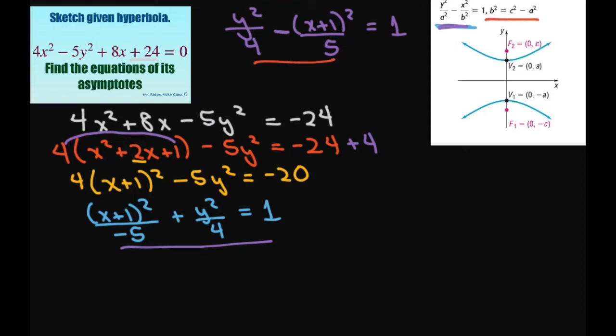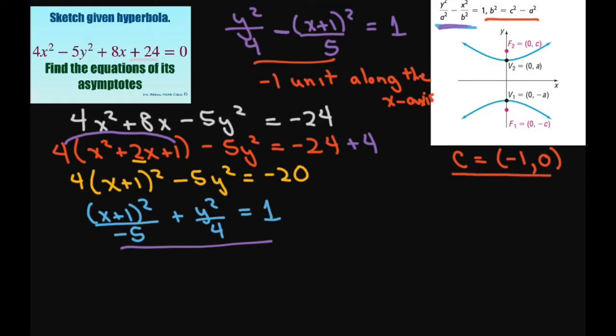All right, so basically this is just a translation. Compared to this graph here, this is a translation with negative 1 unit along the x axis. That just means my center here is going to be negative 1, 0.